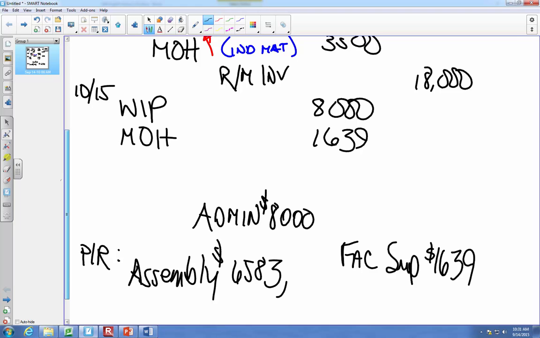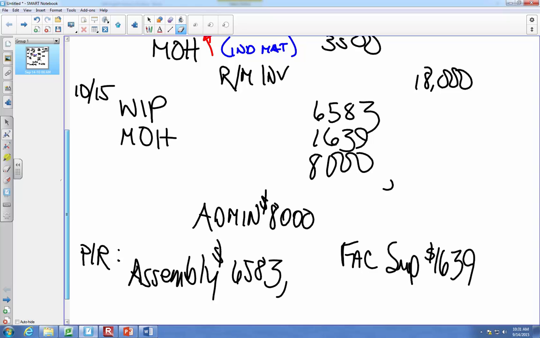Does actual overhead belong on the debit or credit side of overhead? Actual always goes on the debit side. Applied goes on the credit side. So that makes sense that my actual overhead went on the debit side.